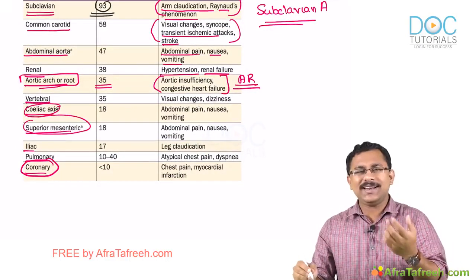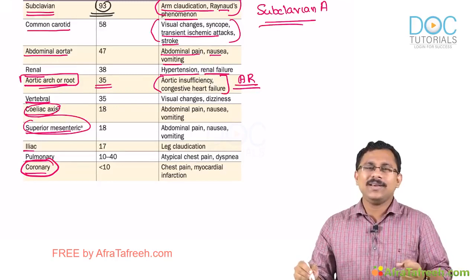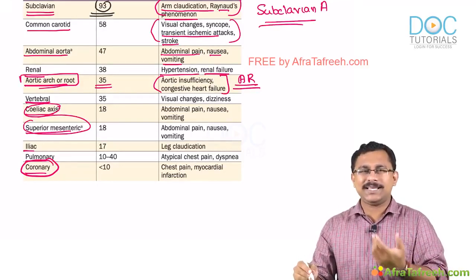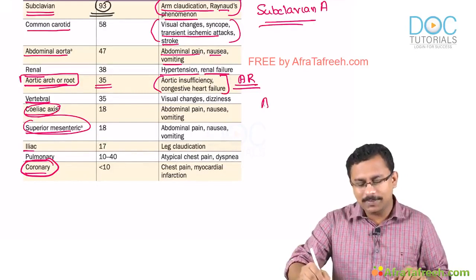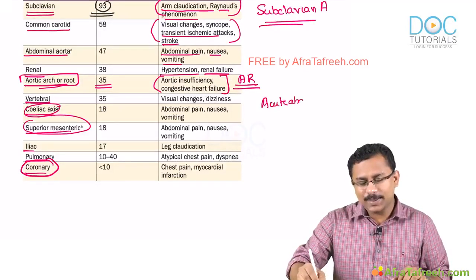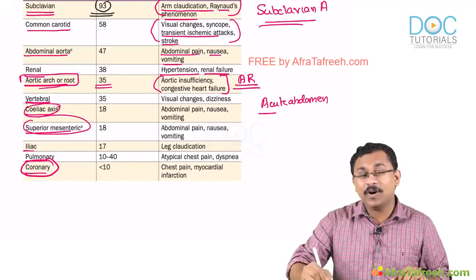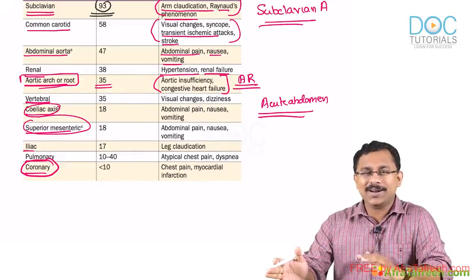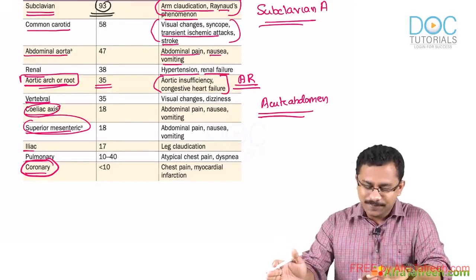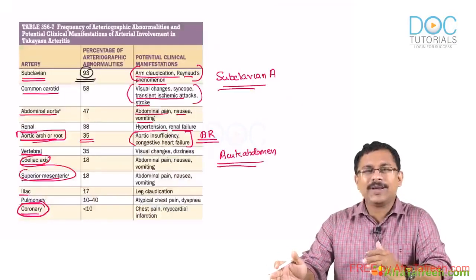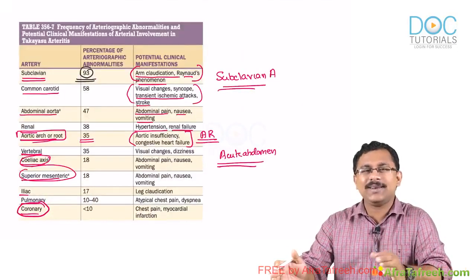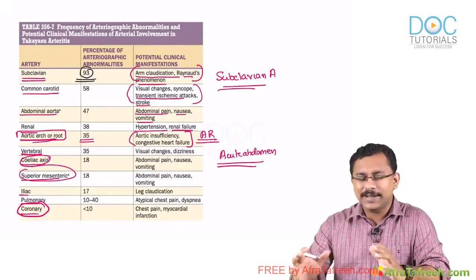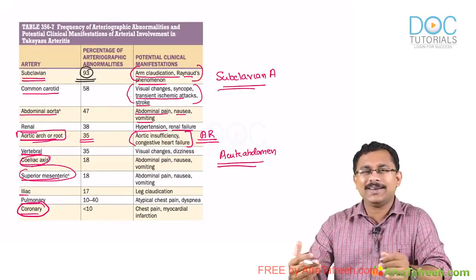When the superior mesenteric artery is involved, it can produce ischemia of the bowel and a presentation very similar to acute abdomen. But again, superior mesenteric artery involvement is more common with respect to another vasculitis that we are going to learn, that is polyarteritis nodosa. Okay, so these are the frequencies of the clinical features that you get in Takayasu arteritis. So always keep this in mind because you might get a clinical scenario.